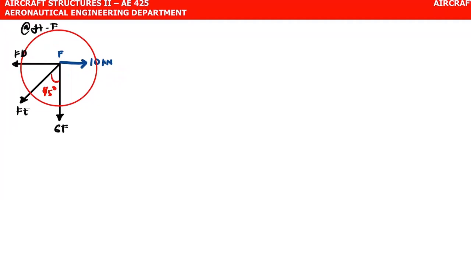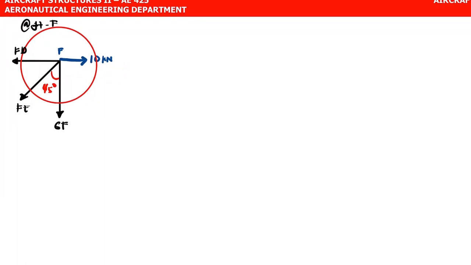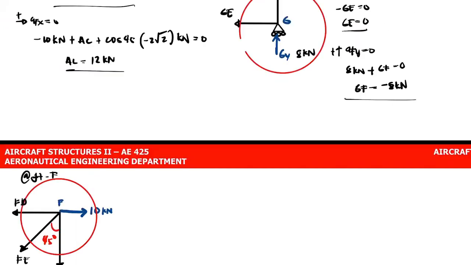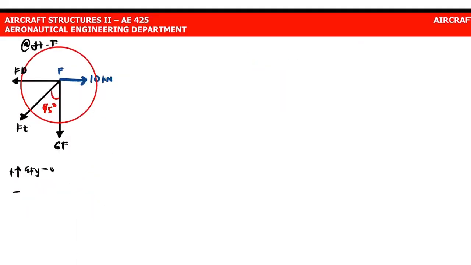So, pwede tayong mag-summation forces Y, no, to get the value of FE. So summation forces Y is equal to 0. Going up is positive. Meron tayong negative GF. Yung value ng ating GF is negative 8. So that will be positive. So negative 8 kilonewton.